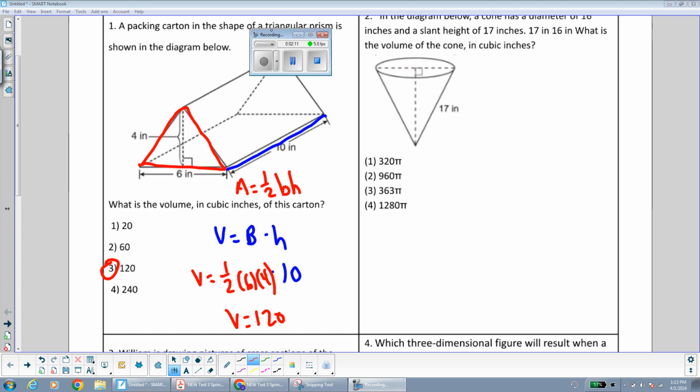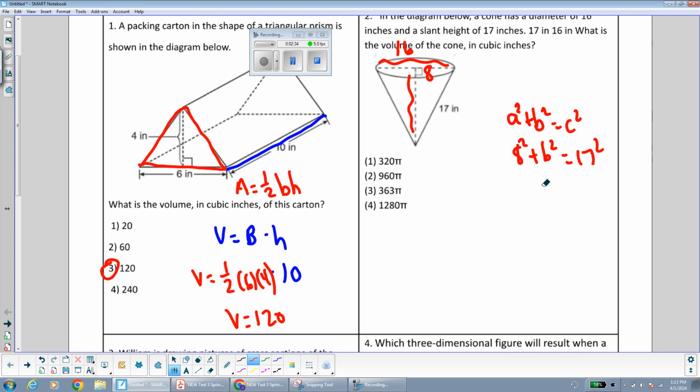In question number 2, they give us that the slant height is 17 inches and the diameter is 16 inches. If the diameter is 16 inches, that means this is 8. We need the actual height of the cone. So you can find the actual height of the cone using the Pythagorean theorem. h squared plus 8 squared equals 17 squared. And if you continue solving for h, we have that h is equal to 15.